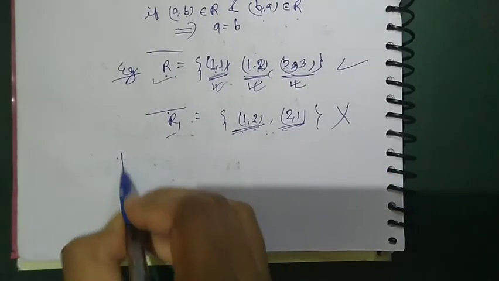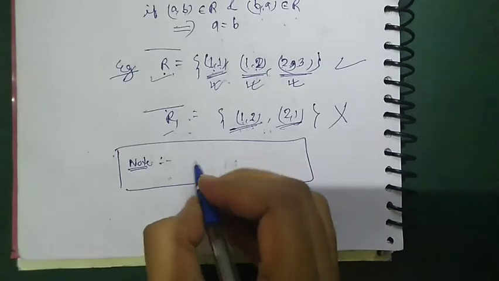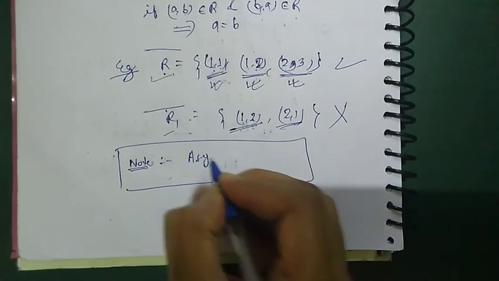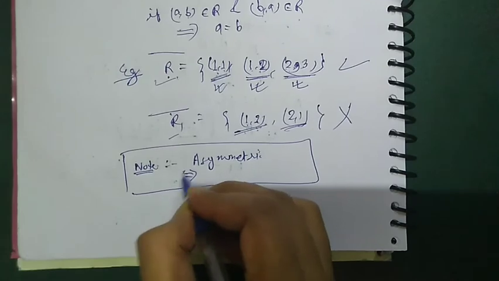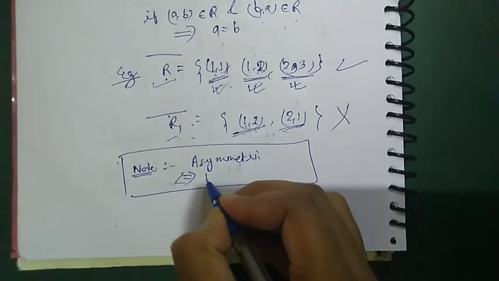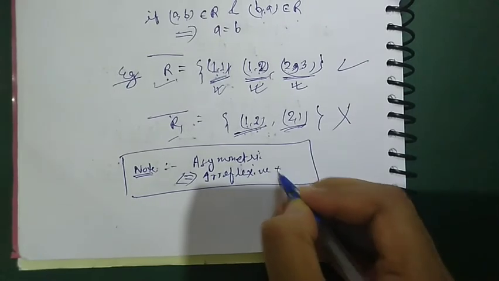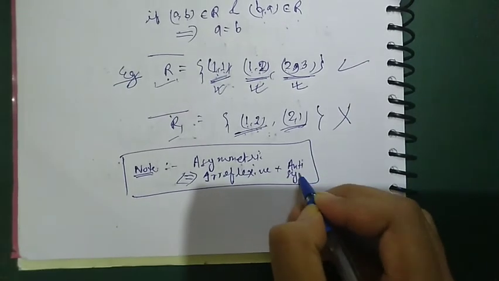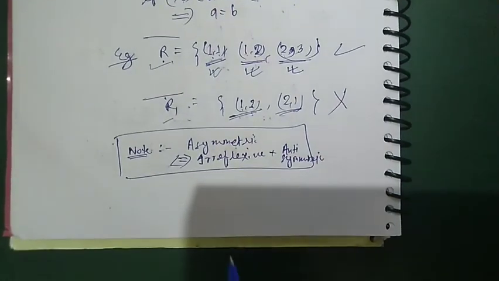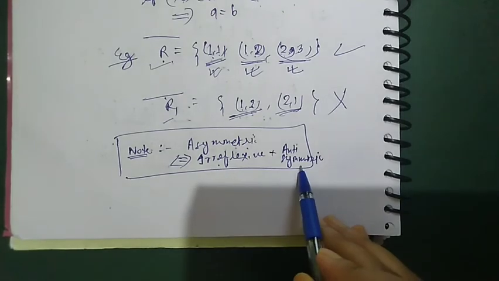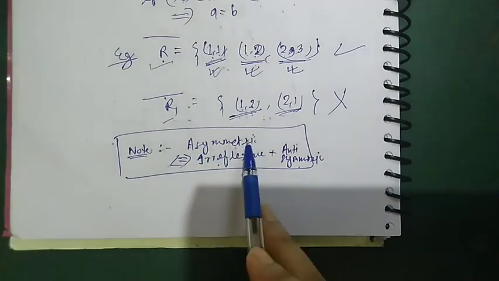Again we are giving a note here, which is a very important note. An asymmetric relation implies and is implied by an irreflexive relation plus an antisymmetric relation, which means that if any relation is both irreflexive and antisymmetric, then that relation must be an asymmetric relation.